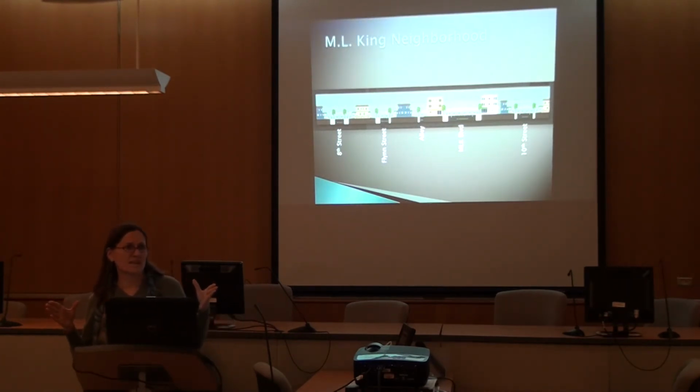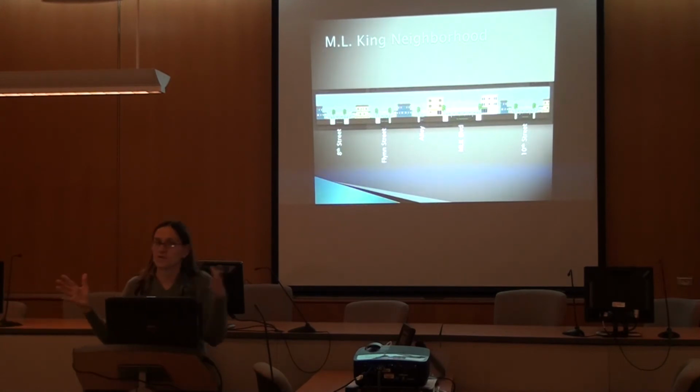If you've got property fronting ML King, right now most of them are in the 3 to 4 story range as you get beyond the railroad trestle. So we're holding it at that, thinking that's a good transition to those single family neighborhoods behind there. If you have an alley behind you, that gives you a little more separation between that and the residential area, which is probably a little better, but not all of them do. So again, we're trying to be sensitive to that.